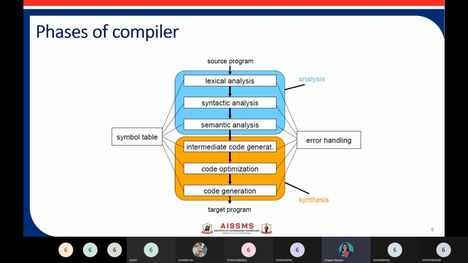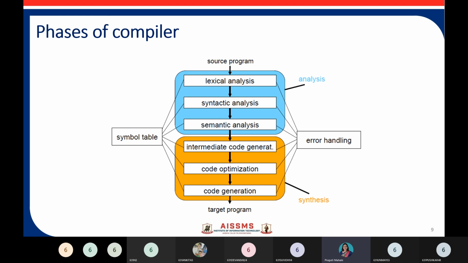Okay, so in these phases you also have the symbol table and the error handling, which go with both the phases. The analysis phase as well as the synthesis phase makes use of the symbol table and the error handling data structure in both the phases.